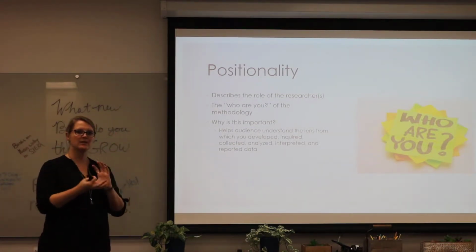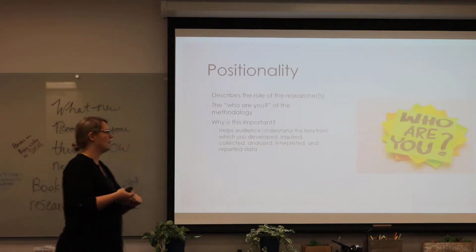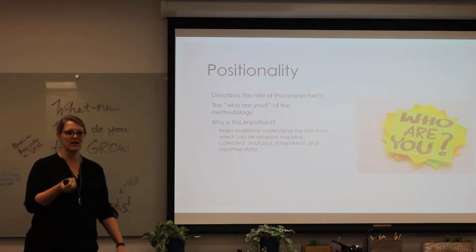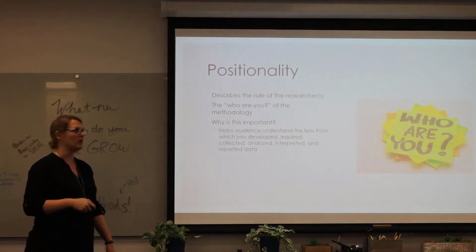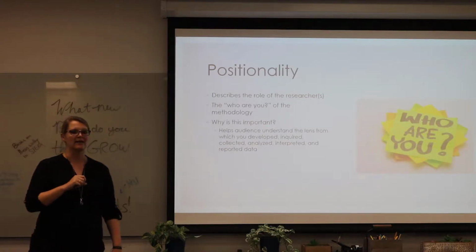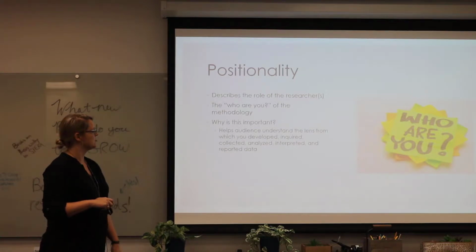So it really helps understand where you're coming from. You don't see that as much in quant research, but that lens of understanding and your connection to that data is really important in qualitative research. So this is definitely a part of chapter 3 that you will need to include.